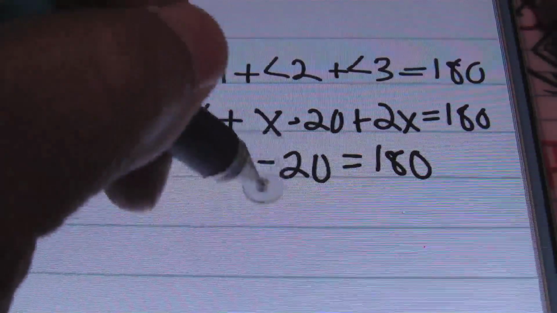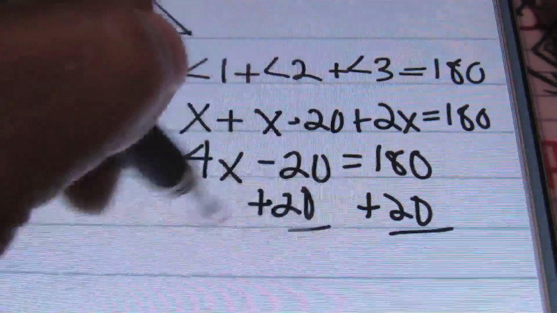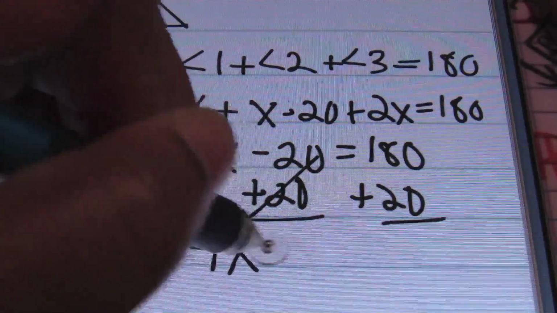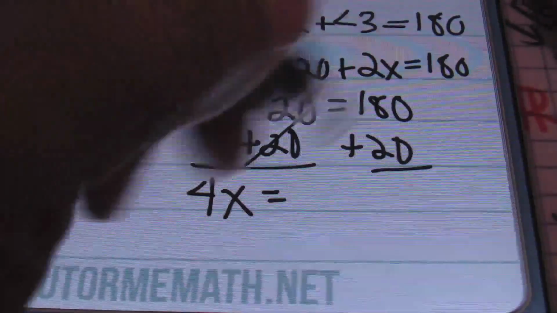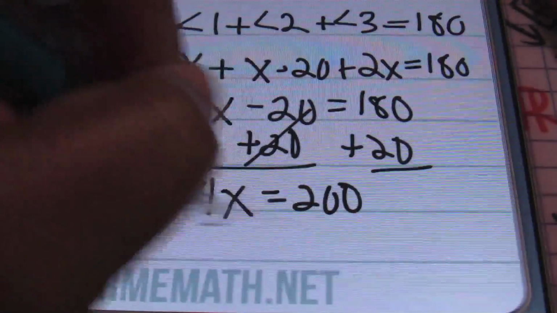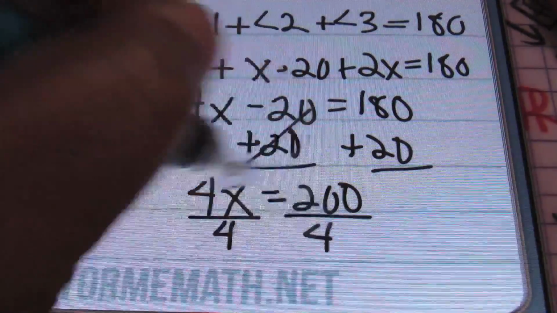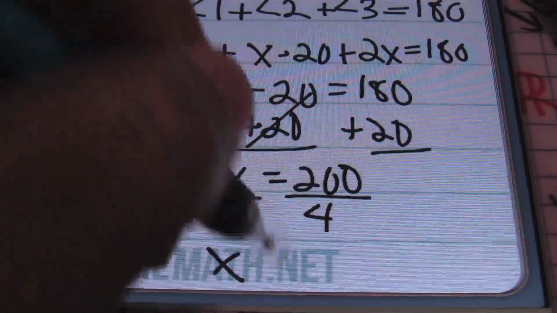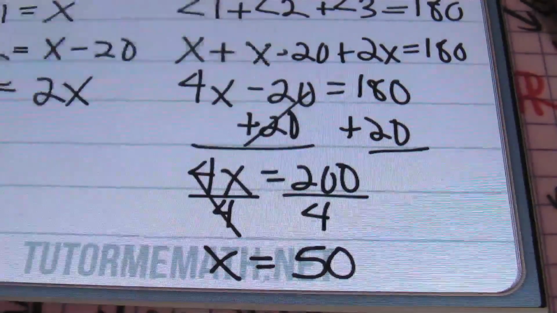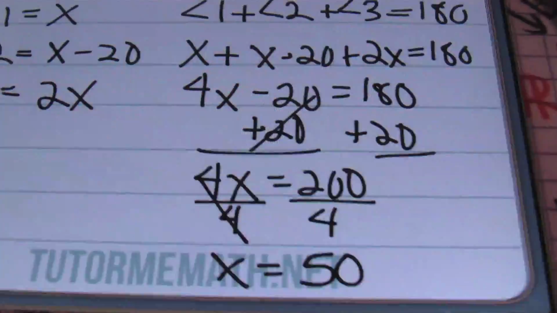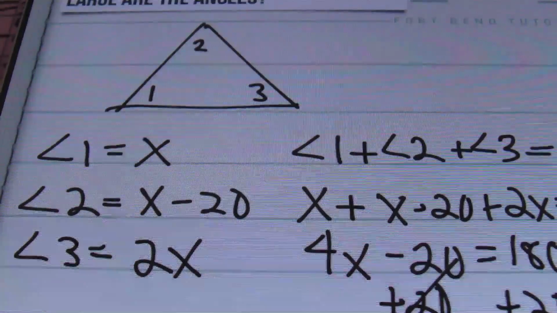From there, I'm going to be adding 20 to both sides of my equal sign now, and that gives me 4x, which now equals 200, and then dividing both sides by 4, we find out that x equals 50. All right, so now that we know that x equals 50, let's go back to our definitions for our angles here.